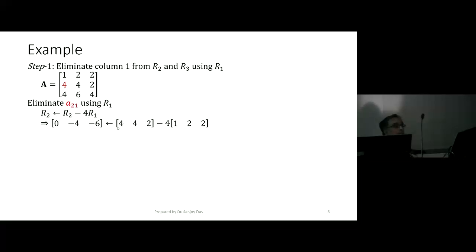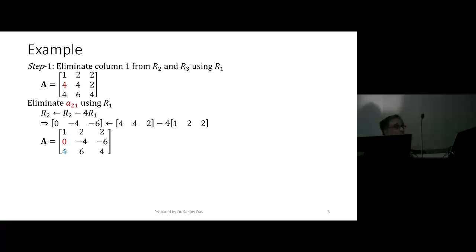So this 4, 4, 2, I subtract 4 times row 1, which is 1, 2, 2, and I get 0, negative 4, negative 6. So I'll end up with this matrix. This is the new A.